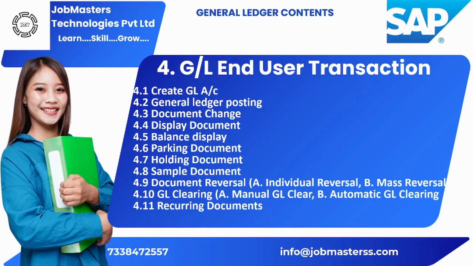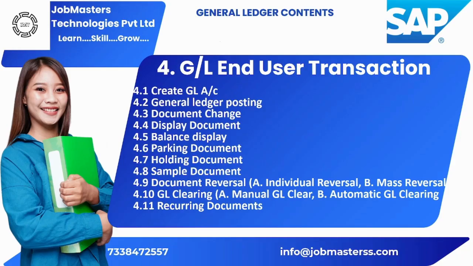This automatic clearing will happen based on clearing rules, based on assignment number or reference number or purchase order number, or whatever it might be. We have to define clearing rules in the SAP system. It will be a configuration, so all the information we will see in the SAP system.